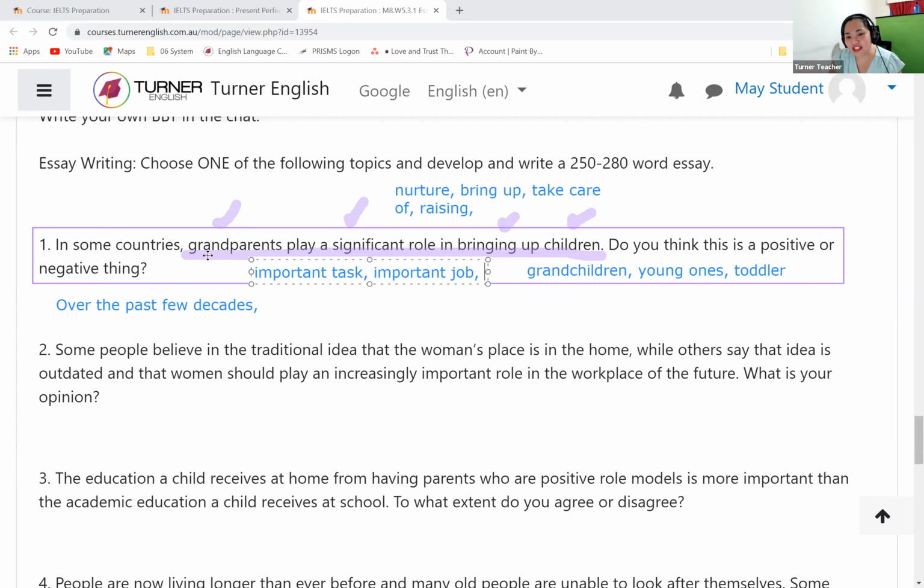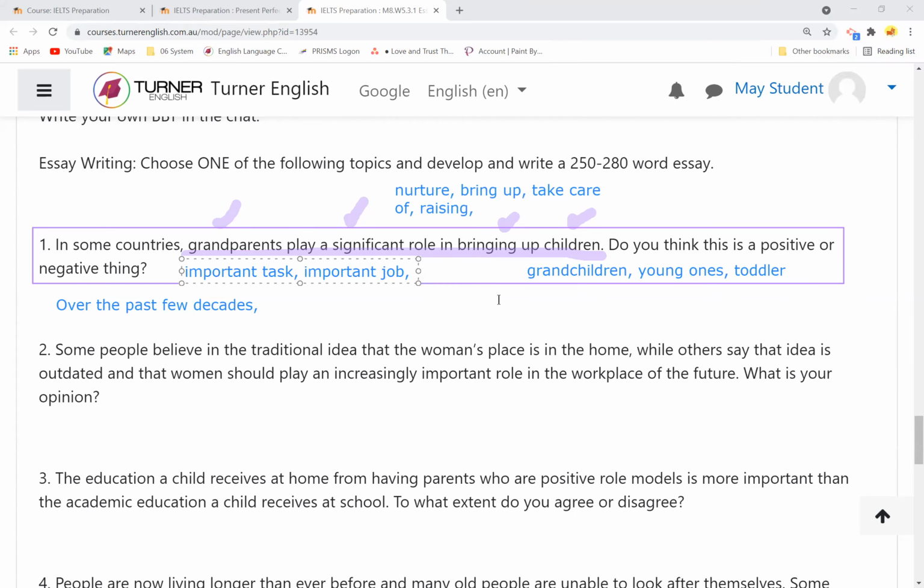But if you don't, then you won't learn it. It doesn't have to be important. It could be any other word that means a significant role. Purpose. Responsibility. Yes, responsibility could be.